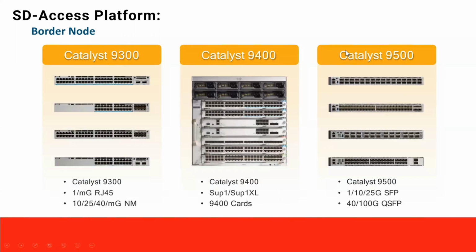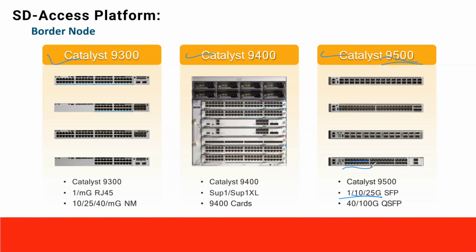Border node: Catalyst 9300, the same device which supports edge node functionality as well as control plane functionality. 9400, same thing. 9500, same thing. Most probably, I have worked on border nodes of 9500 because it has 10 gig and 25 gig ports to connect to the edge nodes.